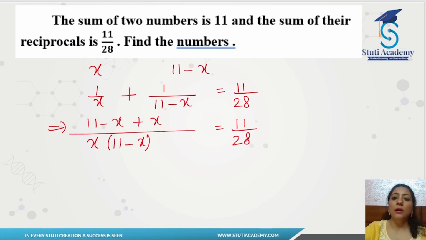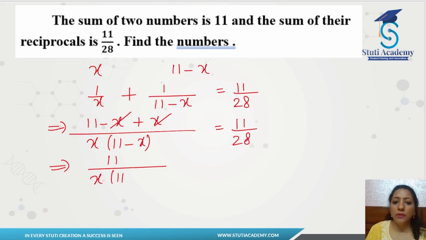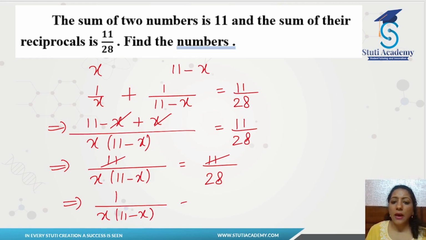That's 11 upon 28. Now we can cancel out minus x and plus x, so these two will get cancelled. And we will have 11 upon x into 11 minus x equal to 11 upon 28. We can cancel out these 11s and we will have 1 upon x into 11 minus x equal to 1 upon 28.